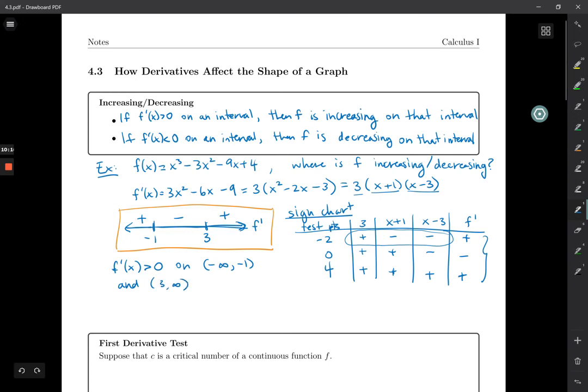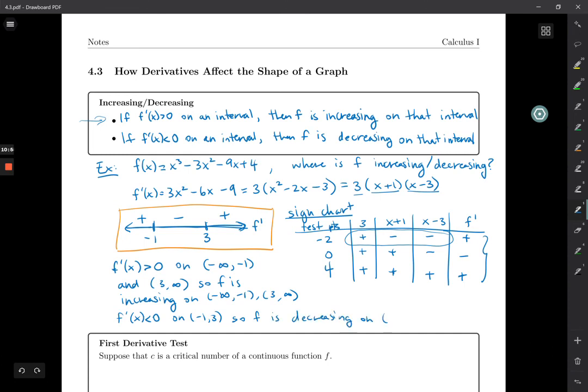And by this fact we have up here, that means that f is increasing on those intervals. So I'll go ahead and write them out. We get f is increasing on these two intervals, and it's decreasing where f prime is less than 0, on minus 1 to 3, so f is decreasing on that interval.